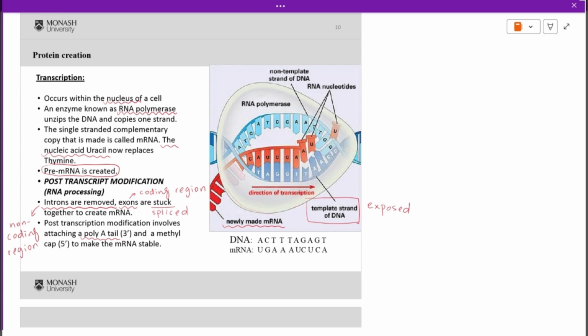On the other side of the mRNA, which is the 5' end, a methyl cap is also added to make the mRNA more stable. We often refer to this as a methyl cap, but just for your information, this is a very special guanine that has been methylated.